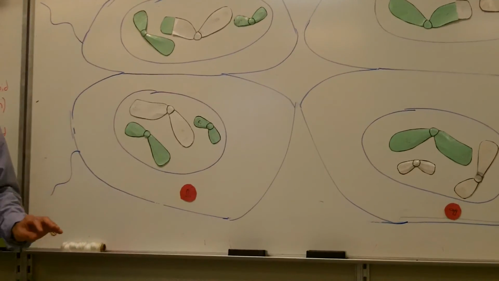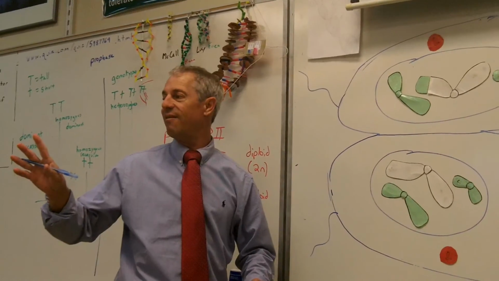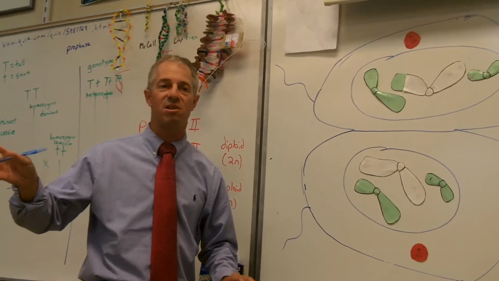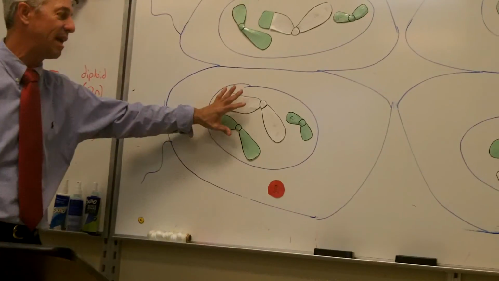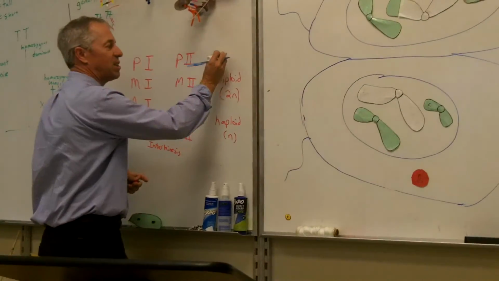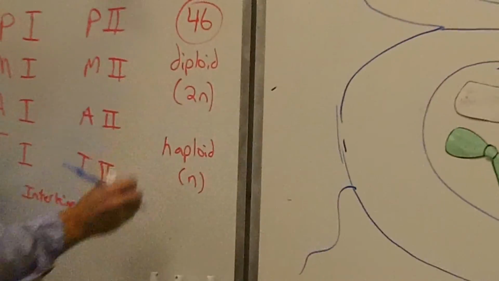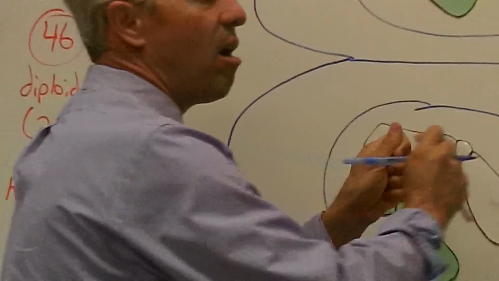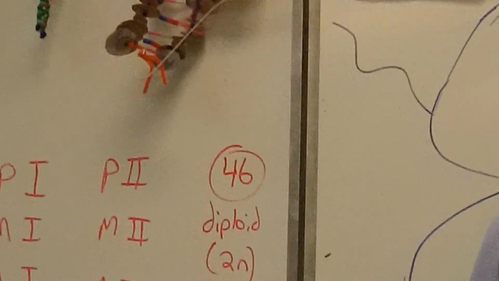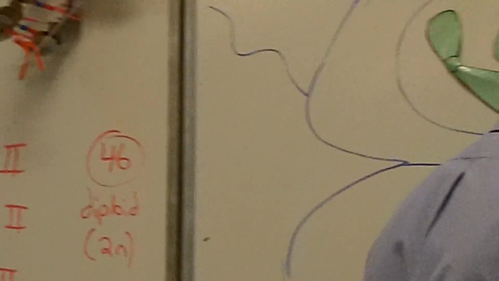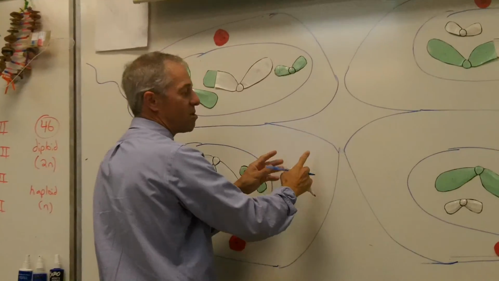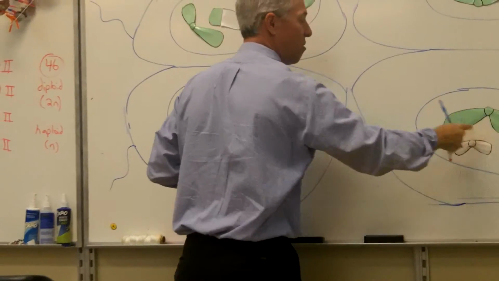Okay, listen up. All of you that missed it, 3 groups missed it, so pay attention here. It would have 23. Because the diploid number is 46. We start with 46 at the beginning, but when we go through all of this, we divide the chromosome number in half. So we started with 6 chromosomes, and now each one of them has 3.